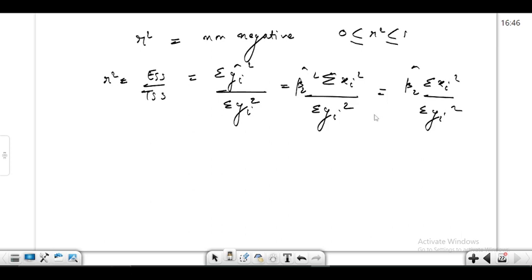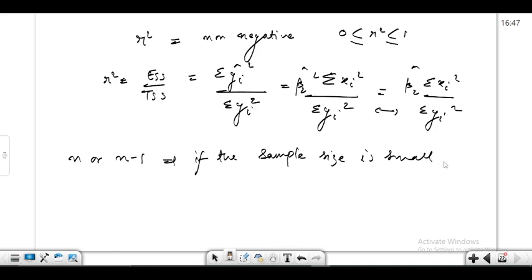I've written this twice, it's the same thing. Just mind that if we divide the numerator and denominator by n or n minus 1, if the sample size is small, this is a usual change in statistics. If you have to calculate something like the standard error or the variance, you divide by n minus 1 if the sample size is small.